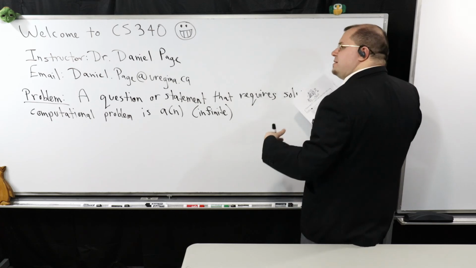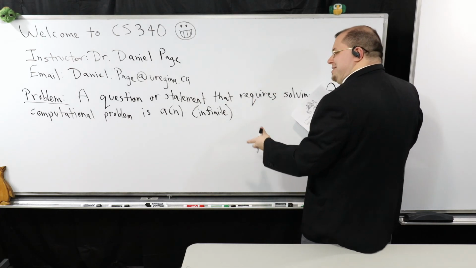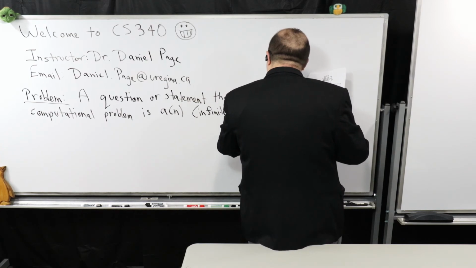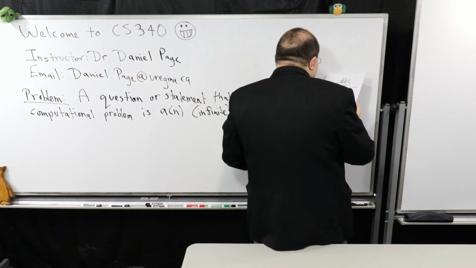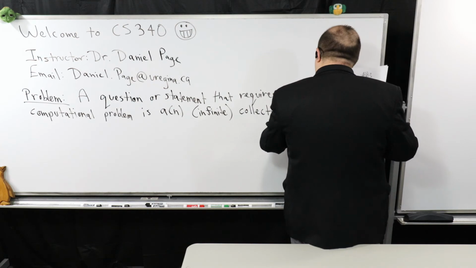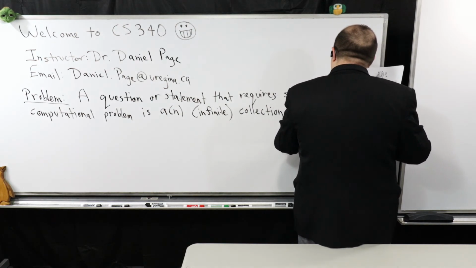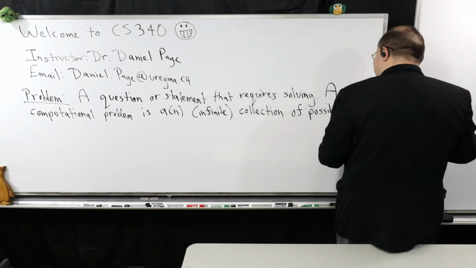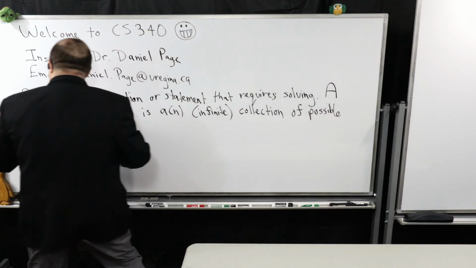But the ones that computer scientists tend to be interested in tend to be an infinite collection of possible problem instances. So don't worry, I'm going to give you an example of what I mean by this.